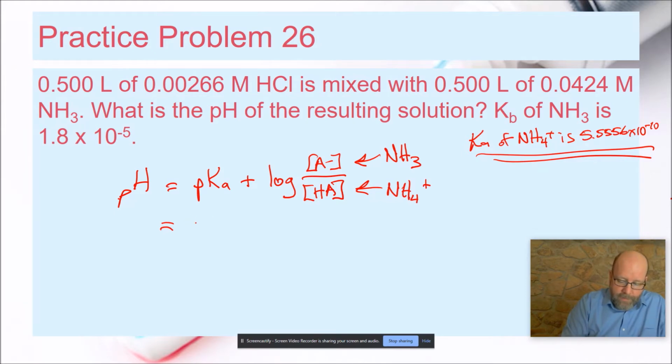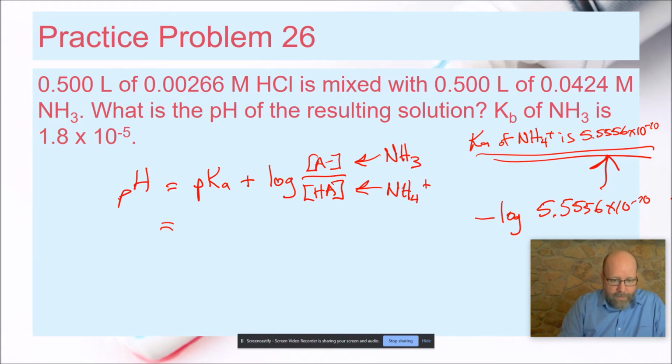our pKa, which is going to be, so I'm going to take this guy, negative log of 5.5556 times 10 to the negative 10th, and that'll get me 9.2553-ish. Plus, we need to find the log of, from our Baca table, right?